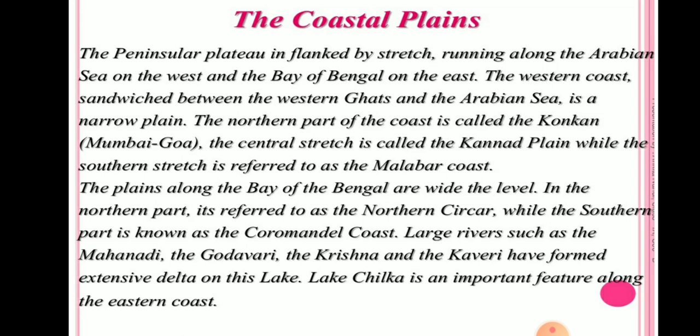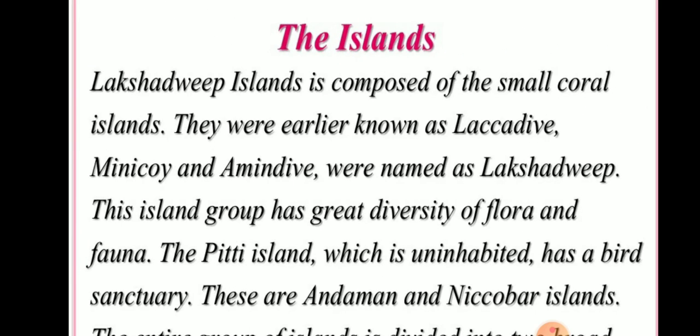After the characteristic features of the coastal plain of India, next we have the islands of India. We have two groups of islands in India, the Lakshadweep and the Andaman and Nicobar. Lakshadweep is composed of small coral islands. Coral islands are formed due to the deposition of coral. After the death of the coral, the skeletons and secretions are deposited and form islands.